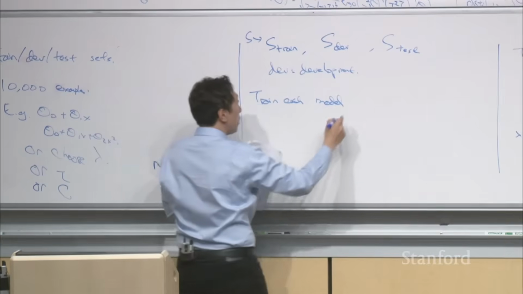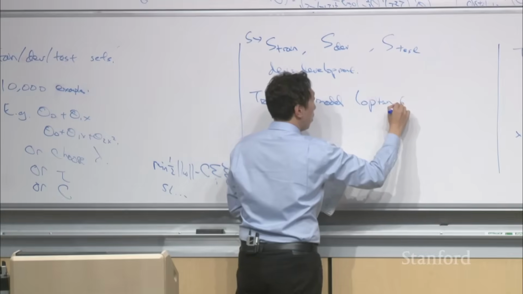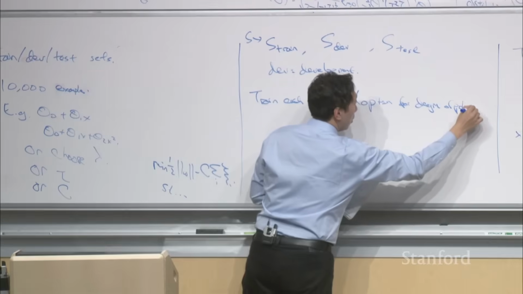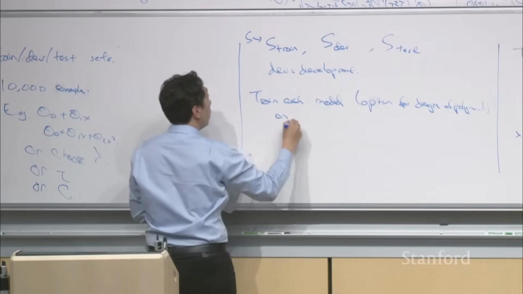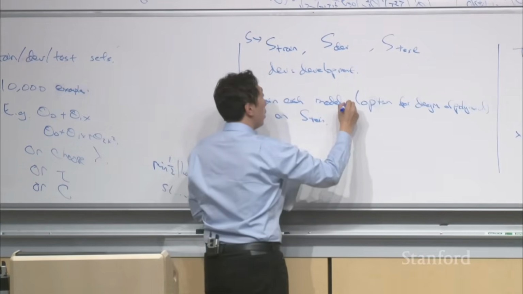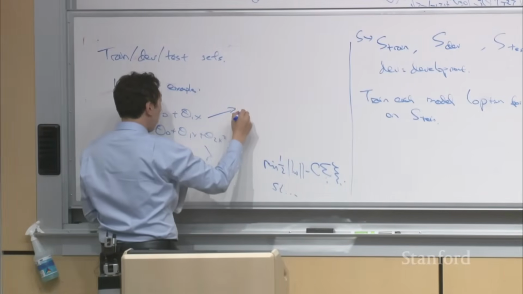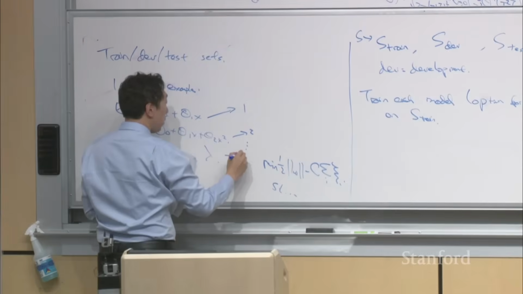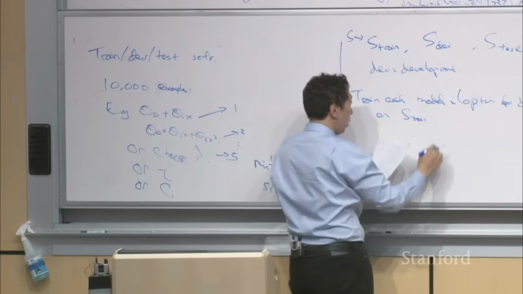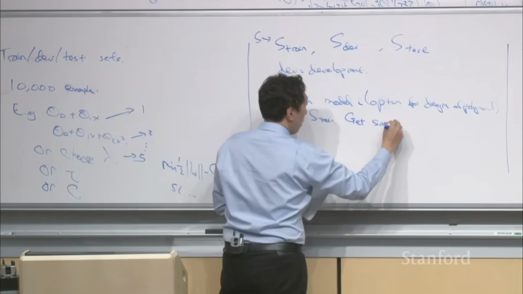And by model, I mean option for the degree of polynomial, on S train. So if you're evaluating a menu of models, let's say this is model 1, model 2, and so on, up to model 5, up to some number. Then you can train each of these models on the first subset of your data, and then get some hypothesis.